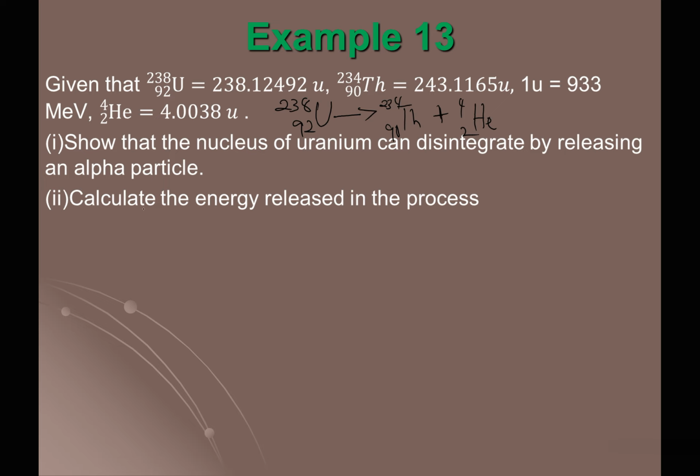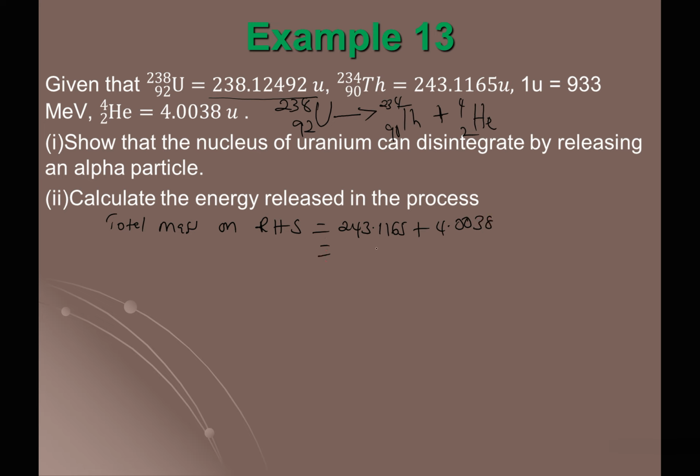Show that the nucleus of uranium can disintegrate by releasing an alpha particle. So all we need is to find if there's a difference in mass. On the left hand side, we have uranium, whose mass is this. So we just need to check the total mass on the right hand side. So I'll simply say total mass on the right hand side is going to be equal to, we have thorium, whose mass is 234.1165 plus helium, which is 4.0036.